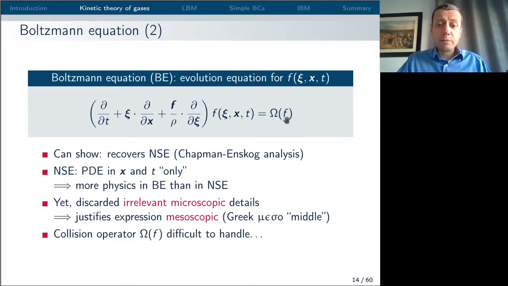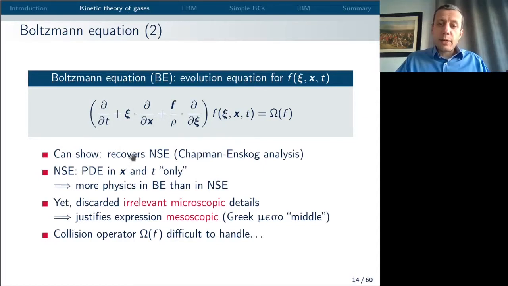And the interesting bit is that the Boltzmann equation can be shown mathematically to recover the Navier-Stokes equation under certain assumptions and certain limits. I will not go through that process. It's very painful. We don't have to do this now.